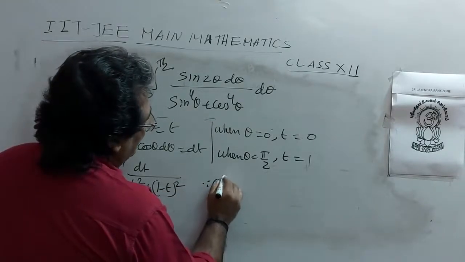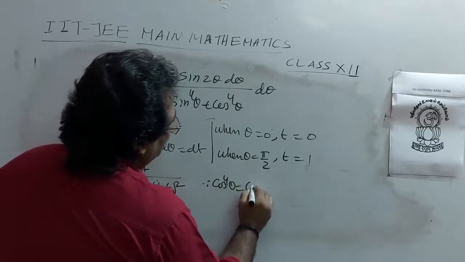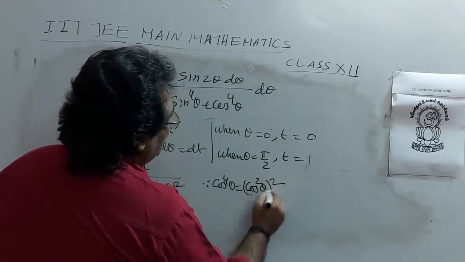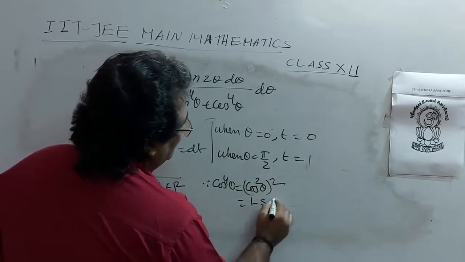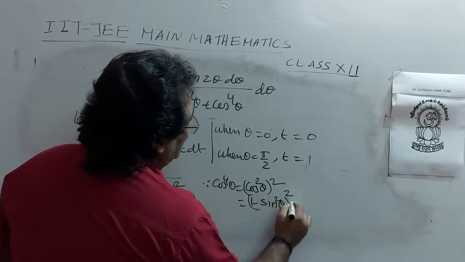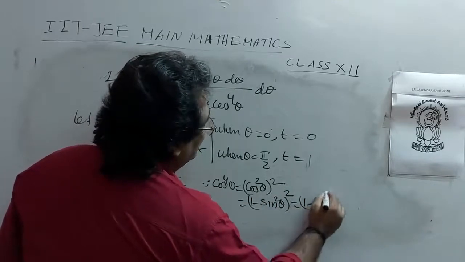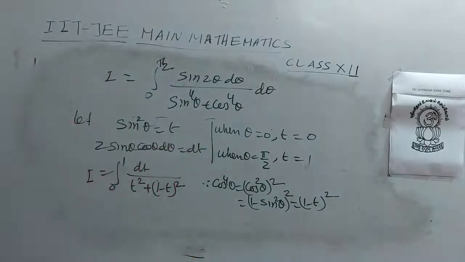Since cos power 4 theta equals cos square theta whole square, 1 minus sin square theta whole square, that is 1 minus t whole square.